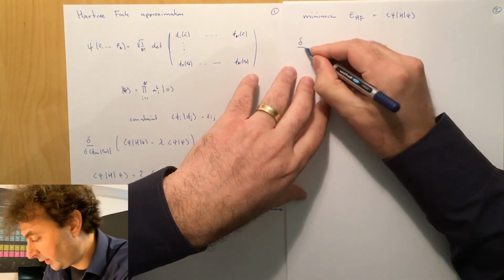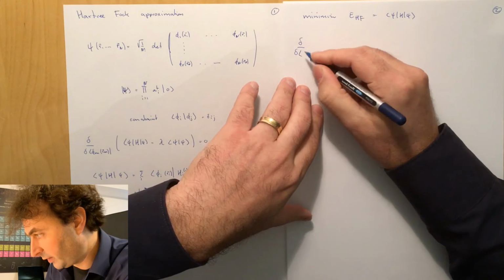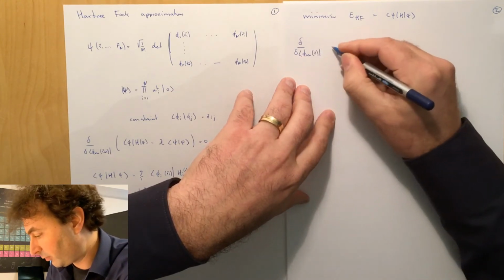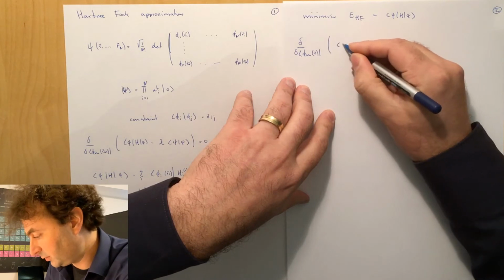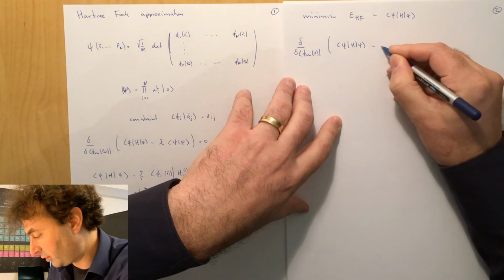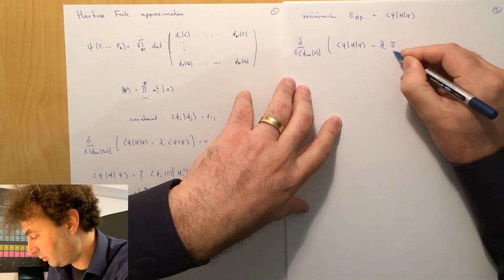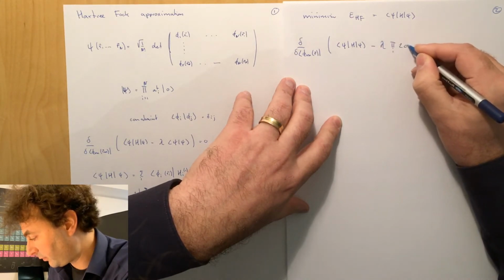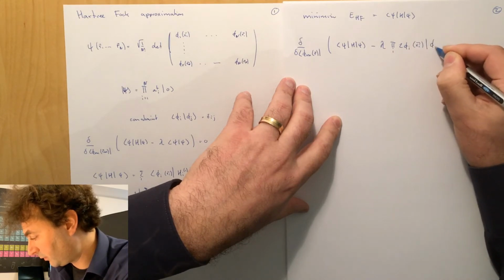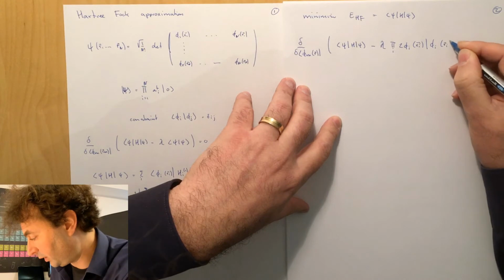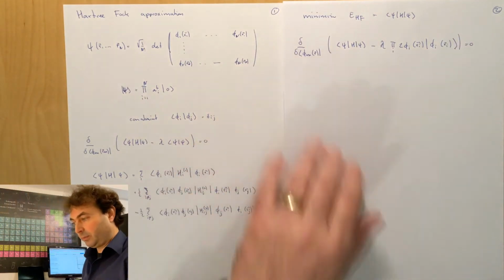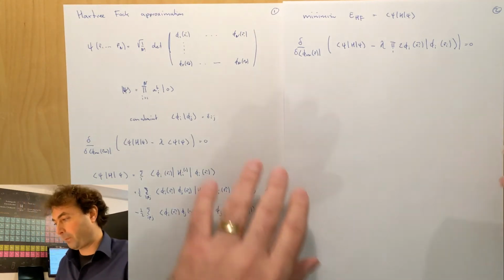So we're going to look at the functional derivative to find the stationary points of the energy of our wave function minus lambda sum over i of phi i ri phi i ri, which has to be 0 for some value of lambda.